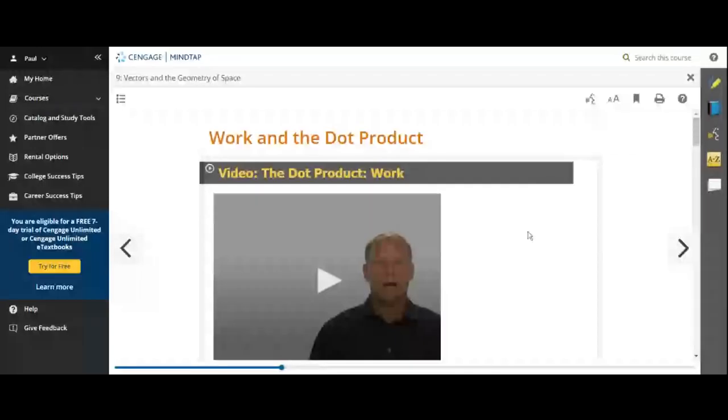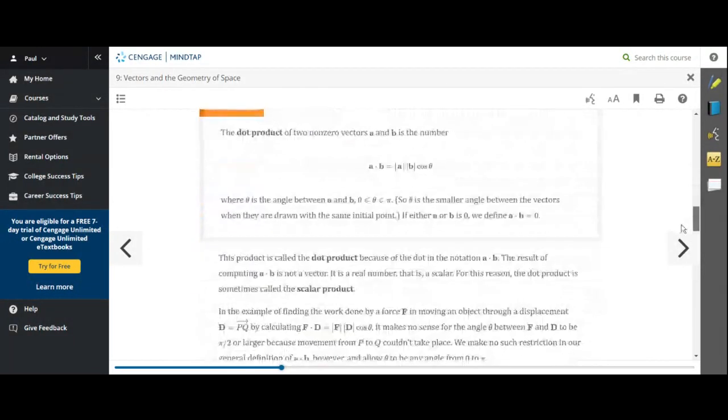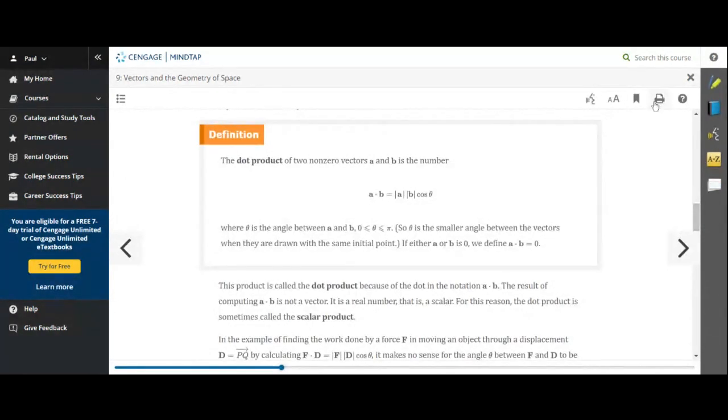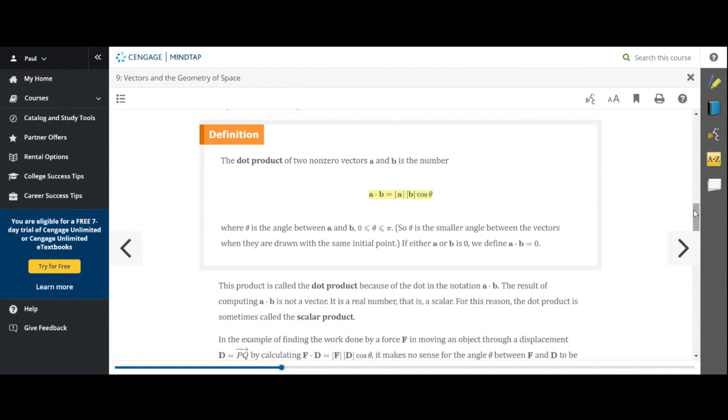Okay, now wait, hold on. I got to go back into the ebook. Okay, so good, it's showing. Right. So we went through this. Here's the definition of the dot product.